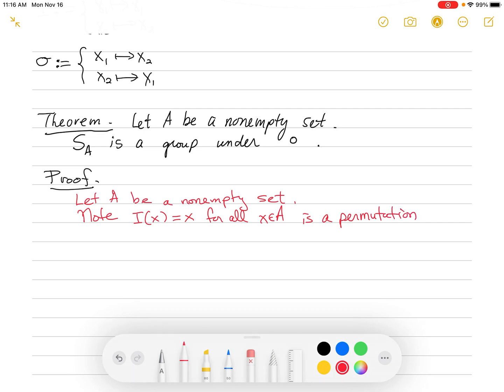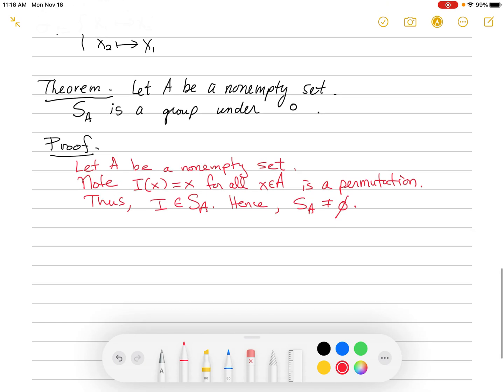It's a 1-to-1 onto function on the set A. So thus, I, the identity permutation, is an element of S of A, the set of permutations of A. Hence, S of A is non-empty. So first you need to show that S of A is non-empty. Then you want to show closure under the operation, which is composition.